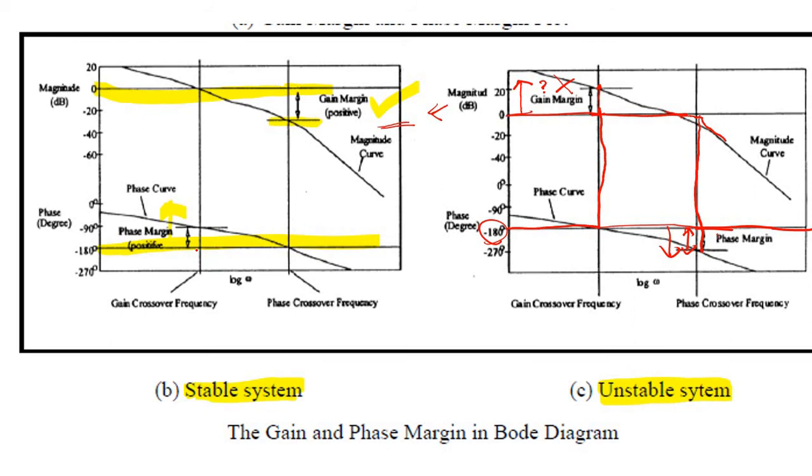It should be going up, meaning the system is not stable. So what to do? You need to redesign the system or play around with the gain of the system. It depends on your design. Okay, that is how you analyze a system using a Bode plot.